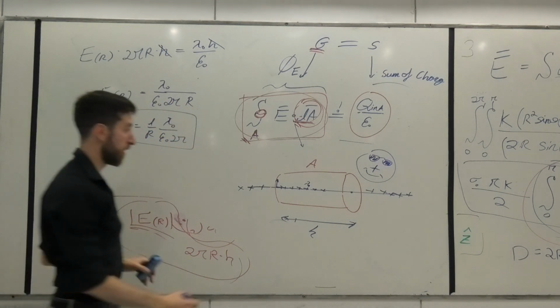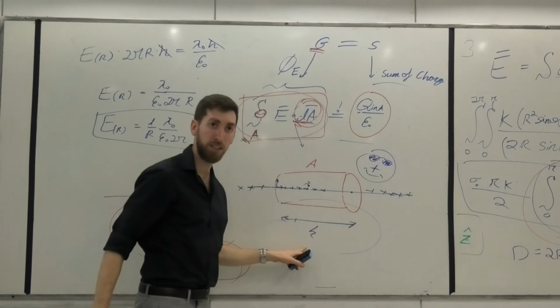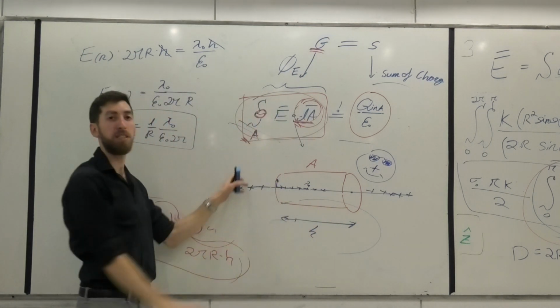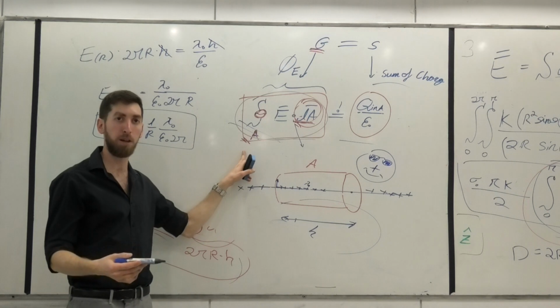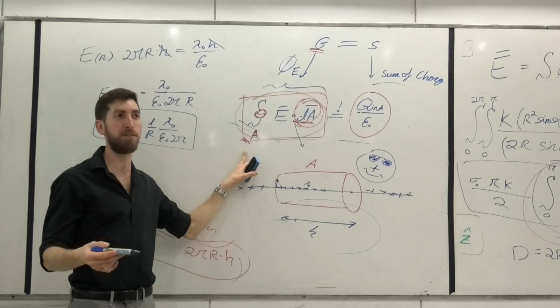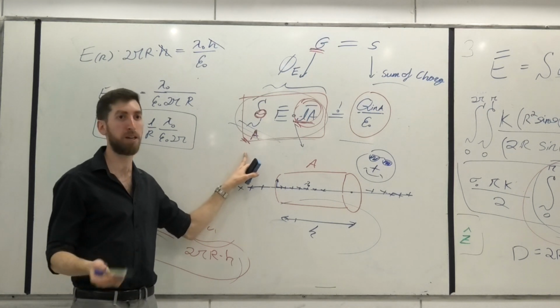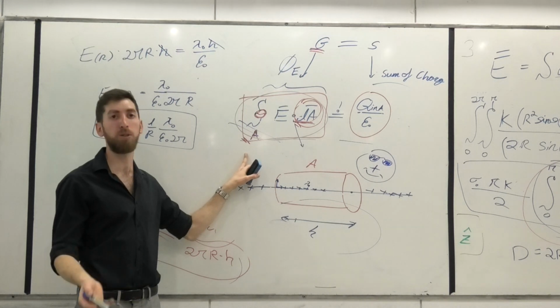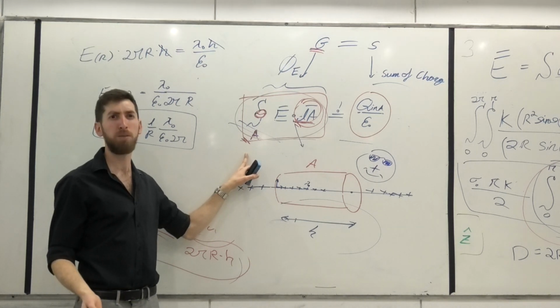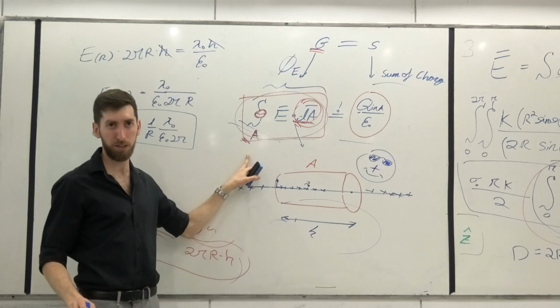And I promise you, this one took 10 seconds. I agree that this one was long because we talked about it. But after you see wire, I know what to do with the wire. A box, I know what to do with the box. Sphere, I know what to do with the sphere. Pretty much all we have in this class. It's going to be the same every time. This is going to be your favorite, okay?